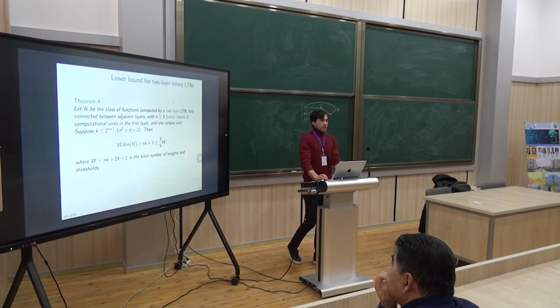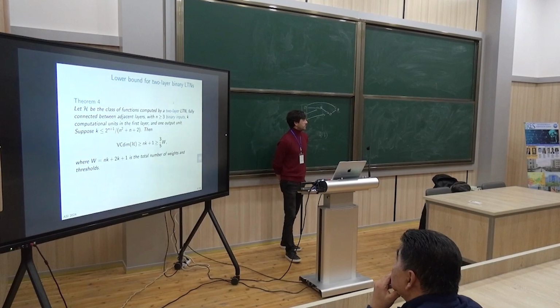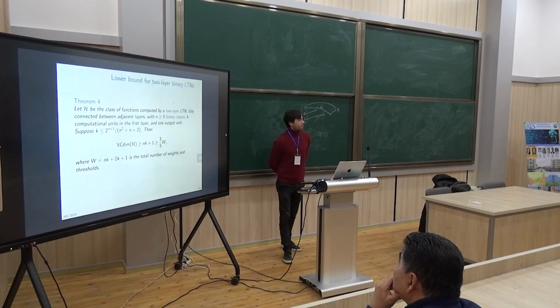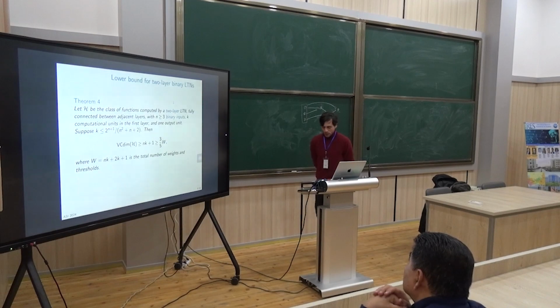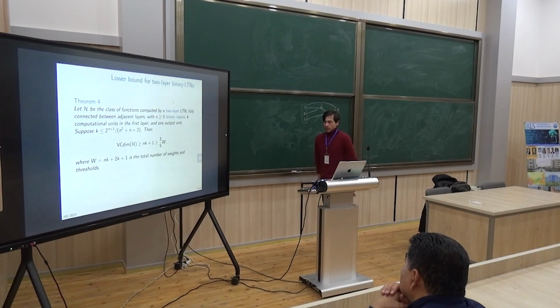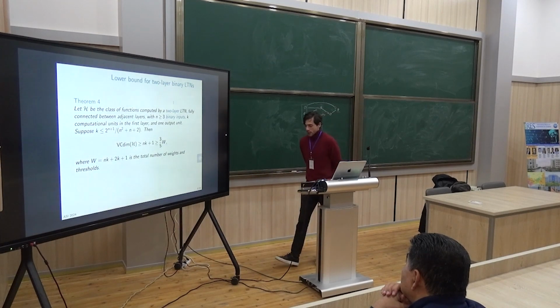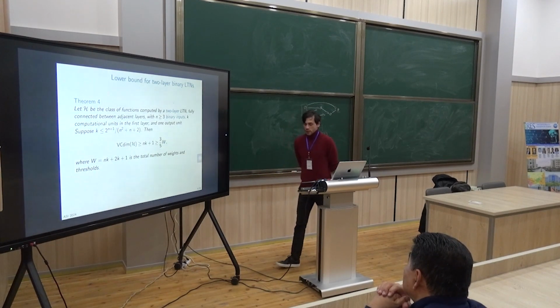All right, so next, we want to look at lower bounds. And for lower bounds, we need to show that some particular architecture, some particular hypothesis class represented by the network, can represent a certain number of dichotomies.